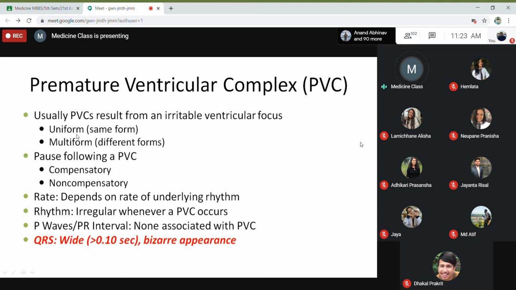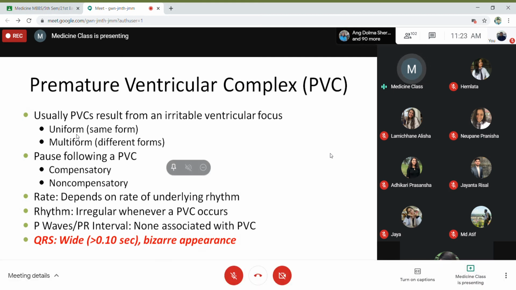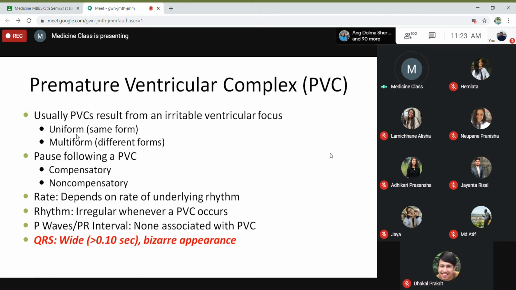Uniform is when every ventricular complex looks the same. If it's different, then it's multiform. Uniform means it has come from the same site, and multiform means from different positions.